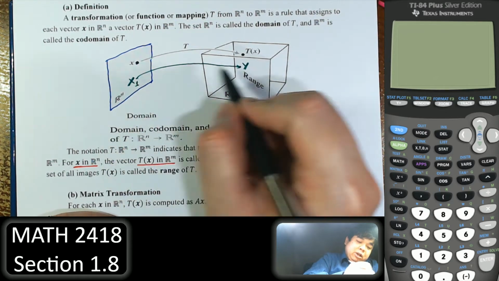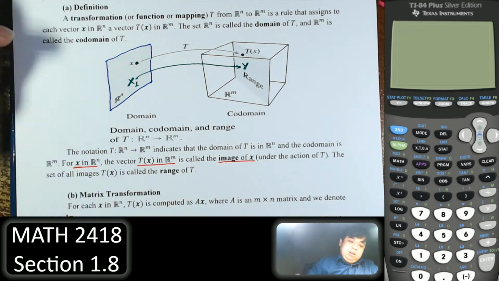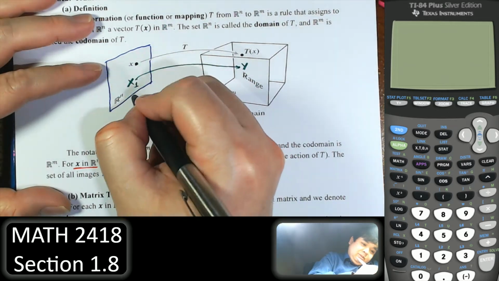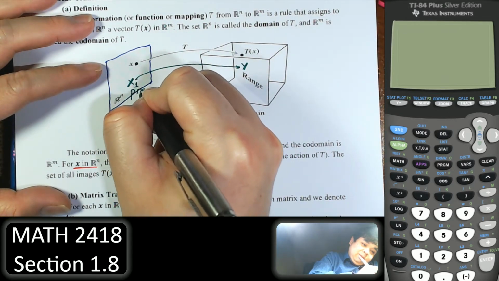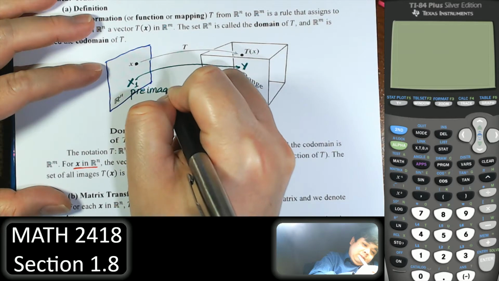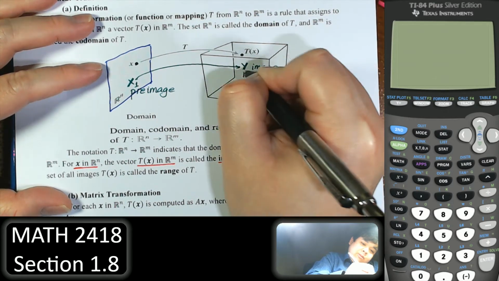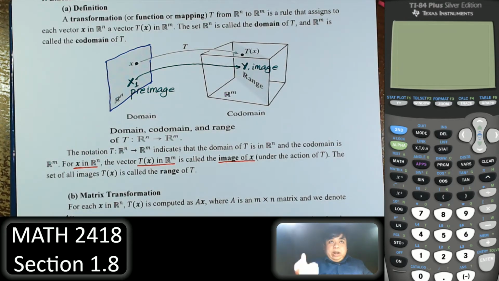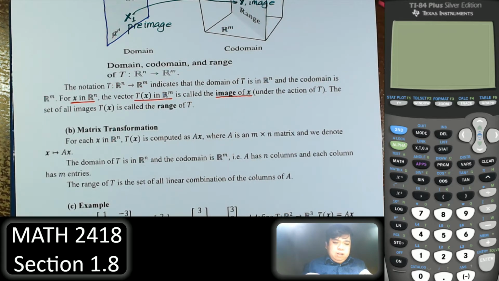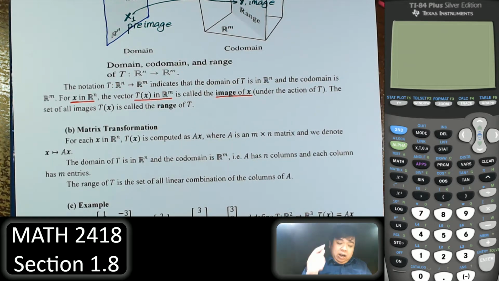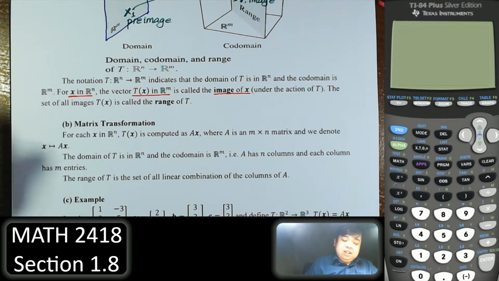This is the pre-image, that is the image. We can also call it like that. It is easy to assign some definitions there, but like I said, we'll revisit that later.